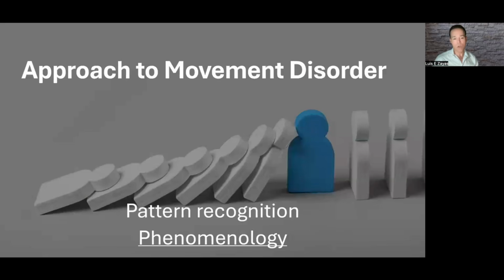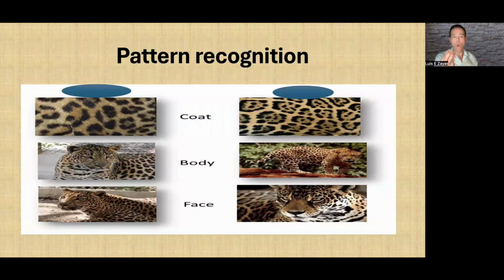You need to know that only one detail is not enough. You need to have a cluster. So you need to see the whole picture, the whole thing, not just one thing only. So not just the color, not just the rosette. You need to see the size, the background. The background helps you. What is around everything? It's not just one thing.